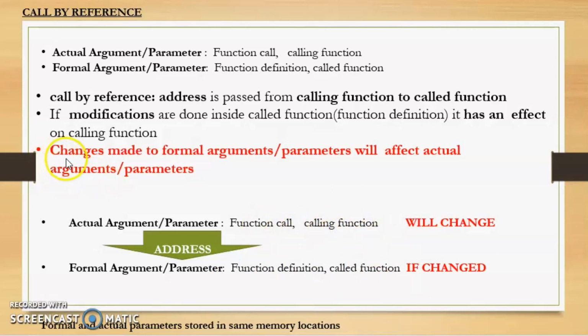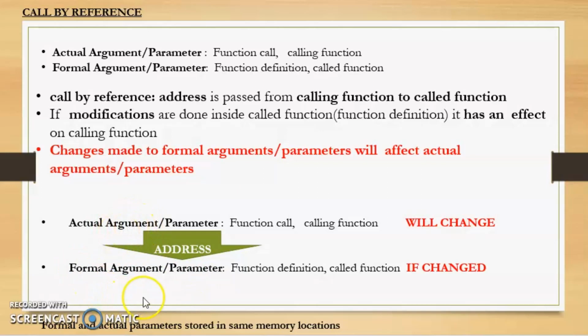In other words, if changes are made to the formal arguments or parameters, then it will affect the actual parameters. As we had seen over here, the address of the variables is passed to the formal parameters. So if these formal parameters are changed inside the function definition, then automatically it will change the actual parameters.